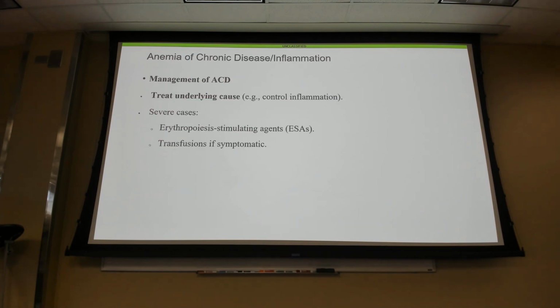All right. It's anemia of chronic disease, so if you can identify what that disease is, you treat the underlying condition, then your anemia should improve. In severe cases, depending on what it is, what's ESA?